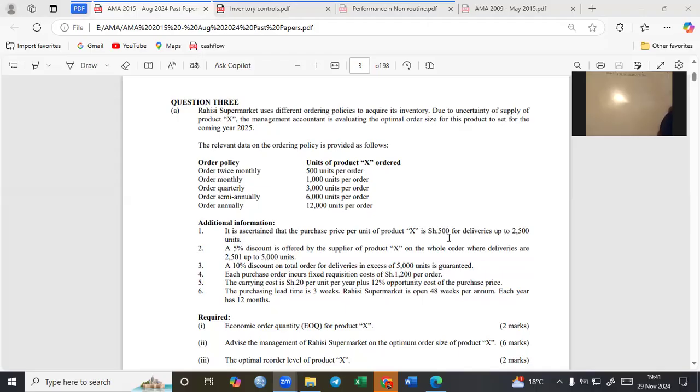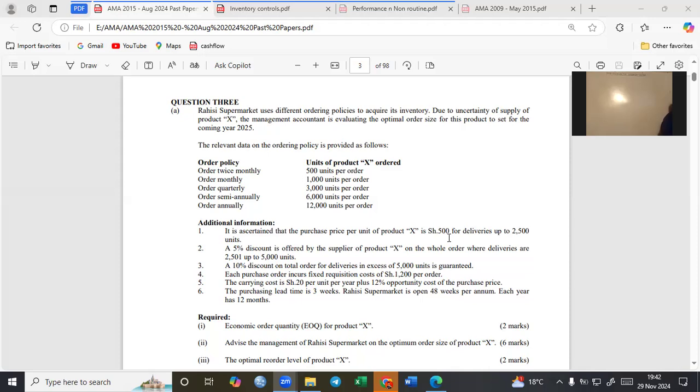In additional information, number 1, it is ascertained that the purchase price per unit of product X is 500 for delivery up to 2,500 units. Number 2, a 5% discount is offered by a supplier of product X on the whole order where deliveries are between 2,501 up to 5,000 units.